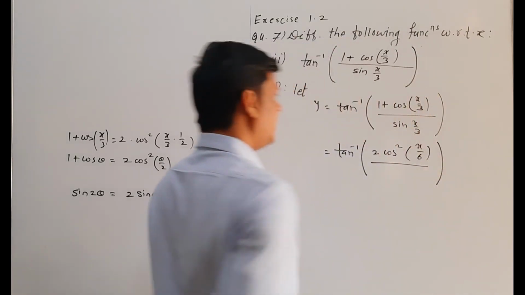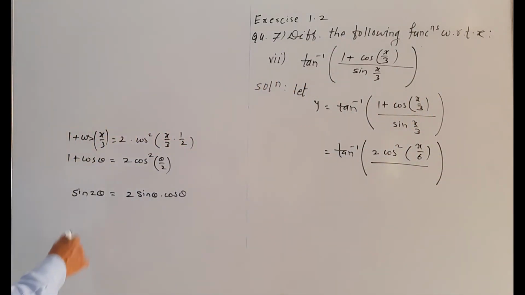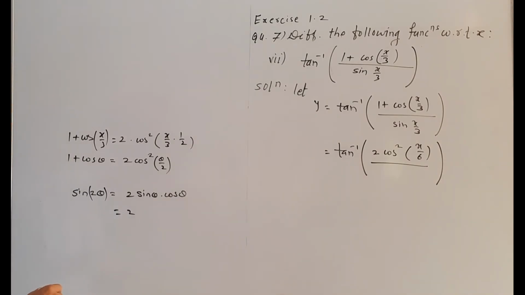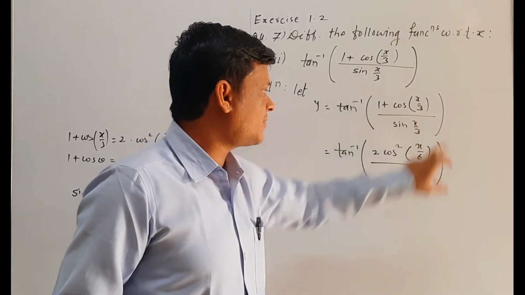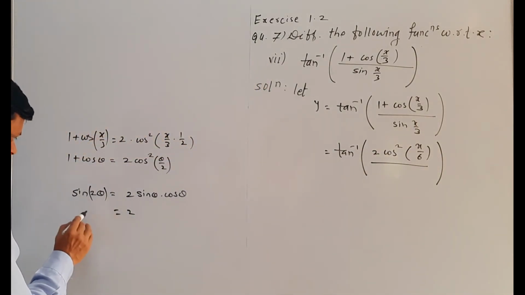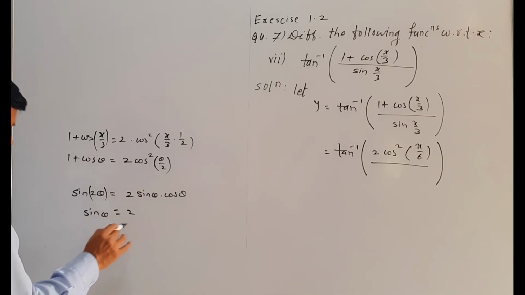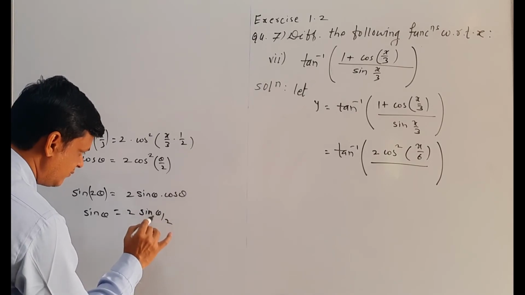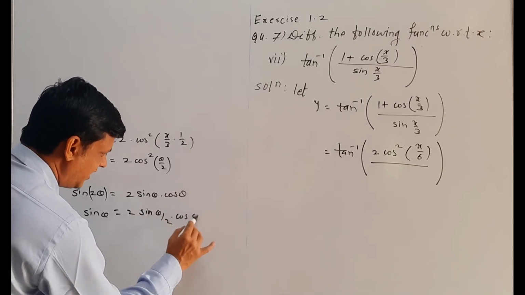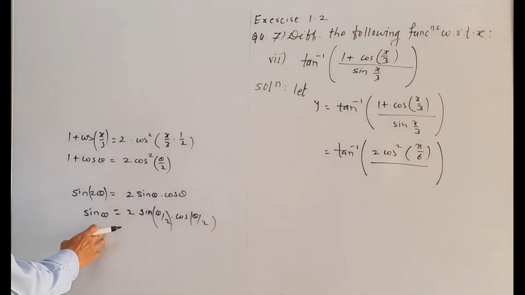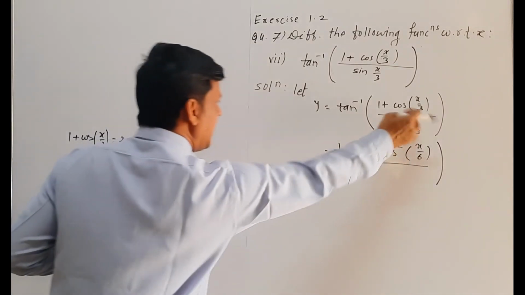upon, here we have to write sin x by 3. That means in place of theta we required here x by 3. So we first find the half angle formula from this. So we write sin theta is equal to 2 sin theta by 2 into cos theta by 2. So you can directly replace here theta by x by 3.